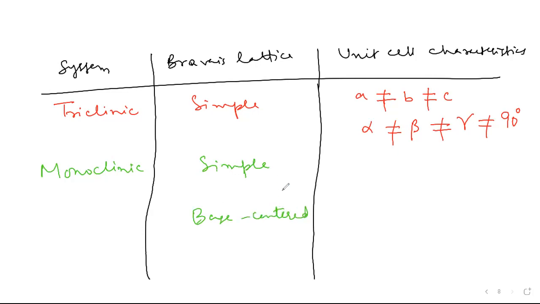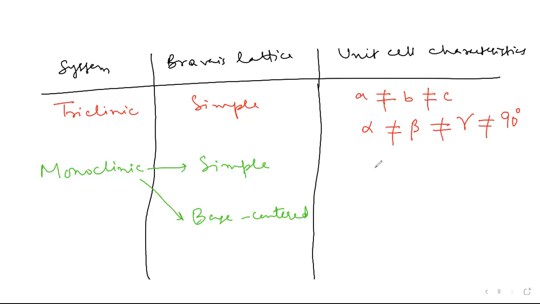Go to any textbook to look at these 14 Bravais lattices which we are going to list or characterize in terms of unit cell characteristics. It is difficult to draw them, but you can check them in any textbook or you can Google. So one is simple and second is base centered.